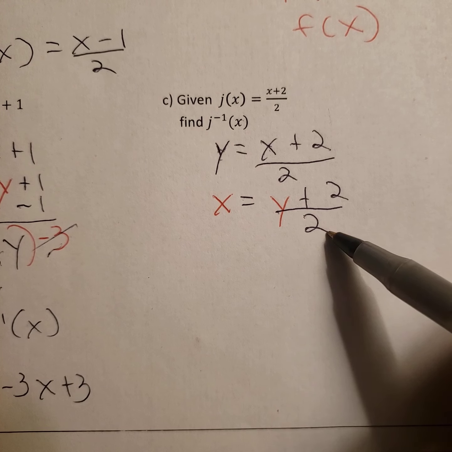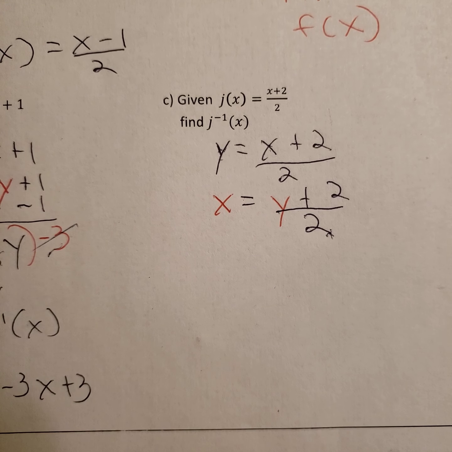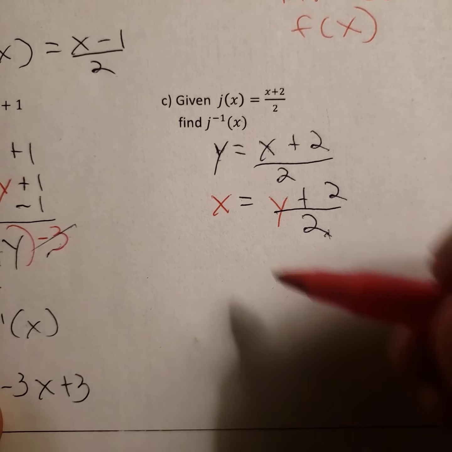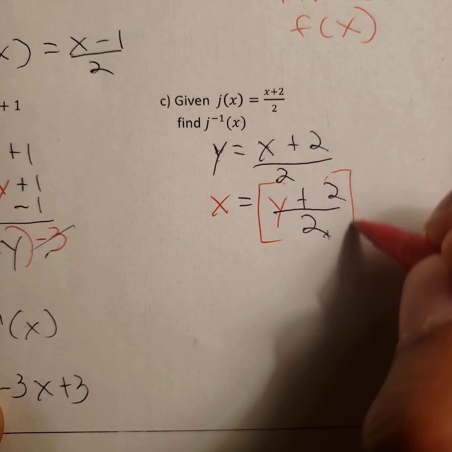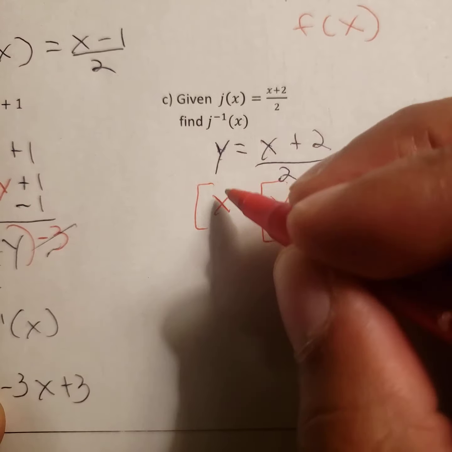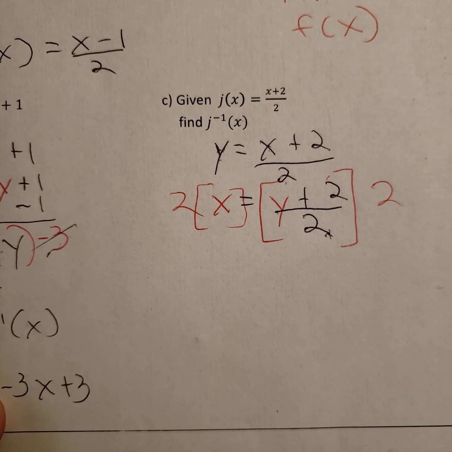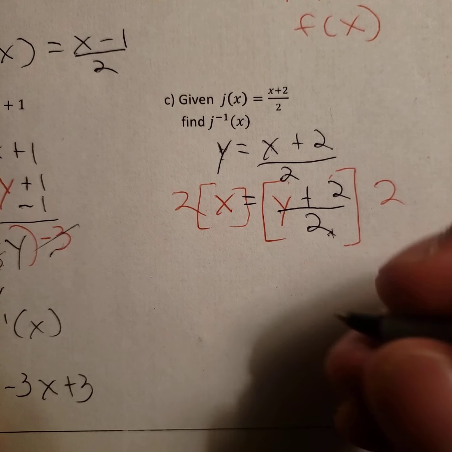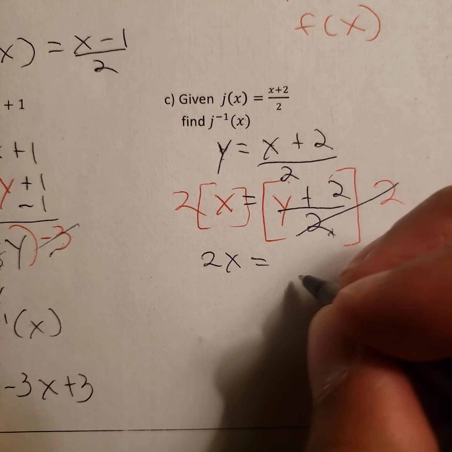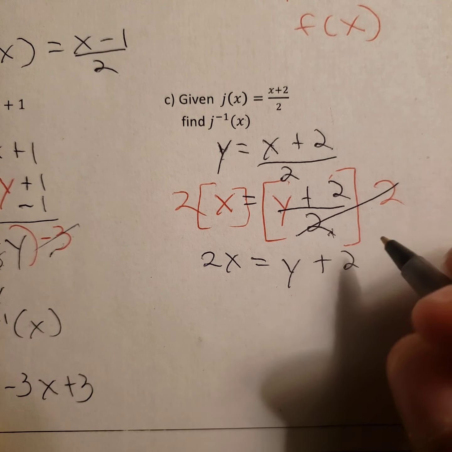So now I want to get rid of this fraction here. Remember, it doesn't matter what you multiply both sides by as long as the equation is balanced. So multiply both sides by 2. When I do that, I'm going to be left with 2x is equal to, that simplifies out, y plus 2.